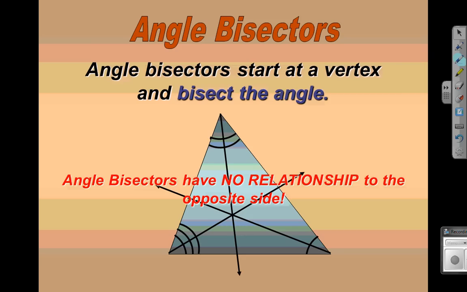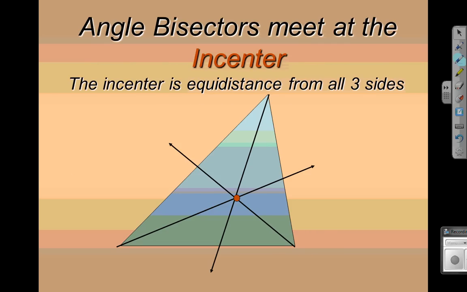In our previous example, we were perpendicular to the opposite side. In this case, we are simply bisecting all three angles. They meet at the incenter, and the incenter is equidistant from all three sides of the triangle. That makes a circle.